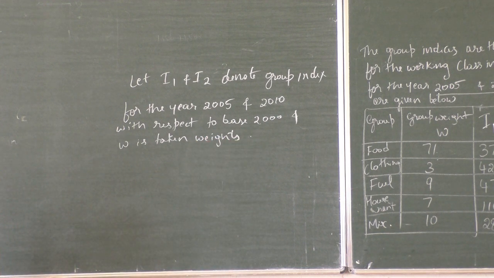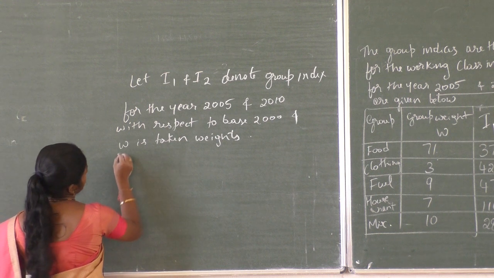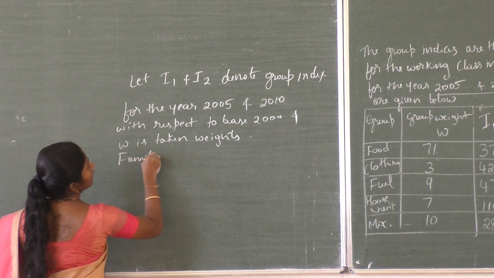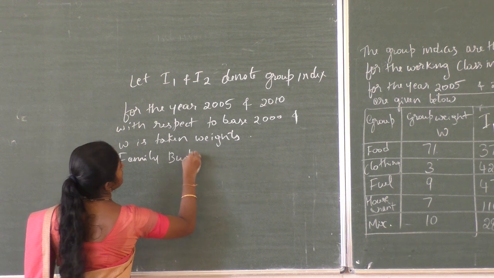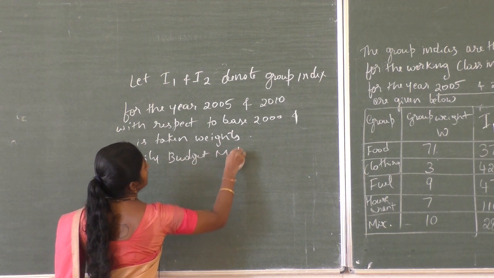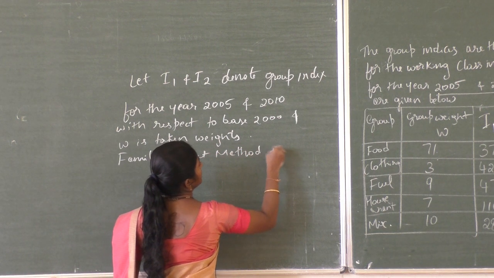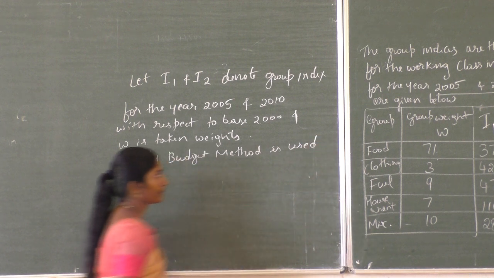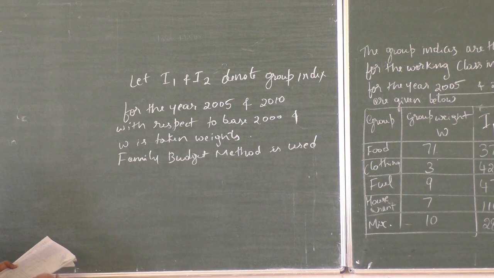Therefore, which method do we have to use? We have to write: the family budget method is used.